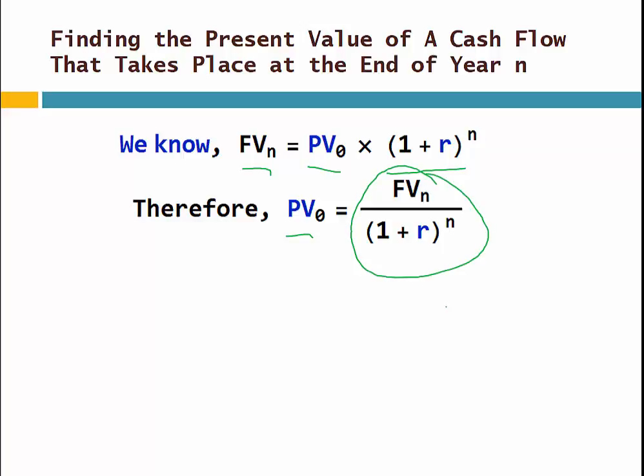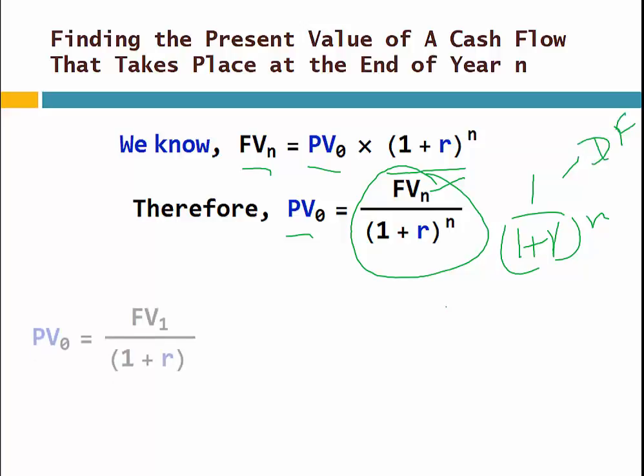The formula is saying that if you know the future value and if you know the compounding factor, or the value of r and n, you can find the present value by dividing the future value by this 1 plus r to the power n. By the way, 1 over 1 plus r to the power n is called the discounting factor.